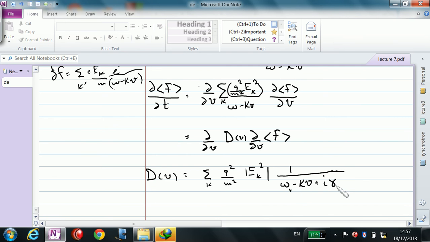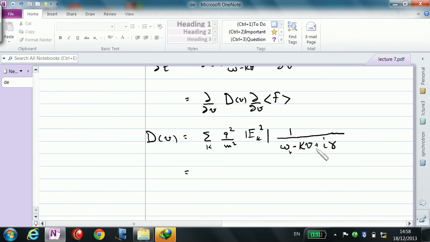Anyway, I wrote omega here as the real part plus i gamma. And now, if I wanted, I could decompose this into a principal value and a resonant part. Now here's the thing.